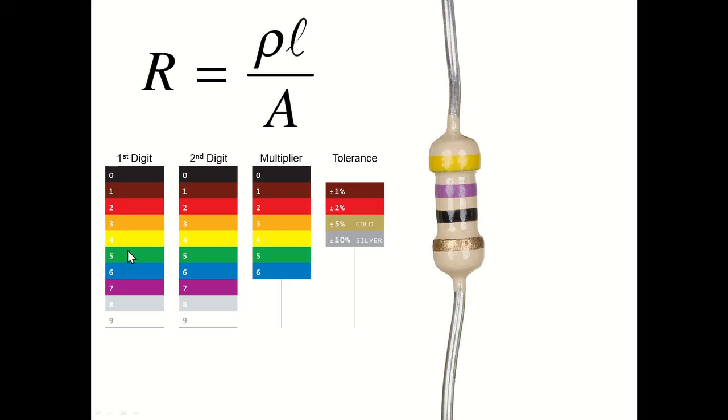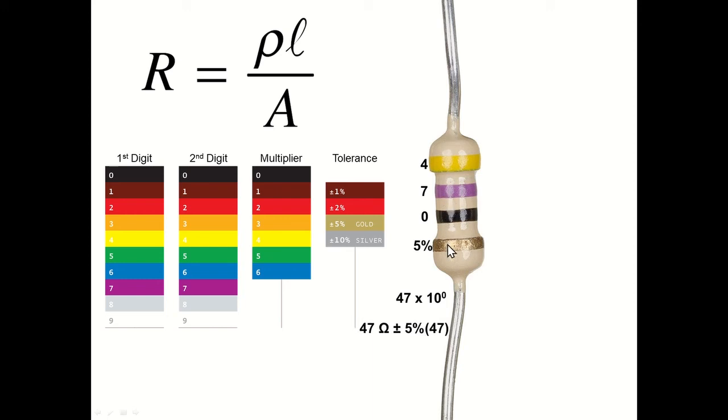So if I find the gold stripe, we go to the other side to find the first stripe. It's yellow. Yellow stands for 4. Violet stands for 7. Black stands for 0. The first two numbers are the digits. You don't multiply those together, they're just digits. So the 4 and the 7 make 47. The third stripe is 0, and that's what 10 gets raised to the power of. So 10 to the 0 results in just the number 1.